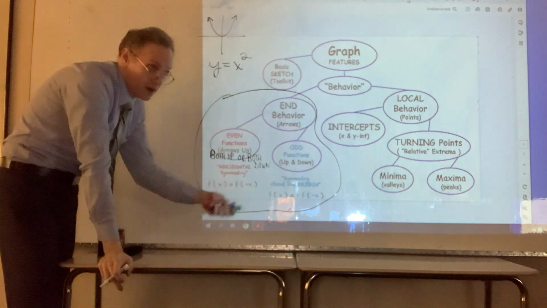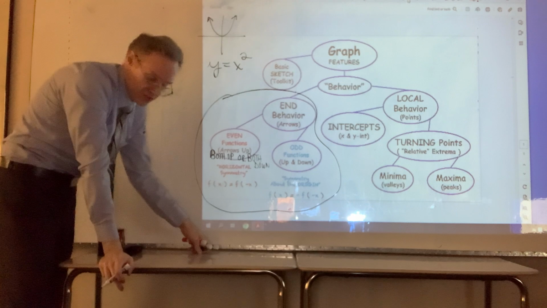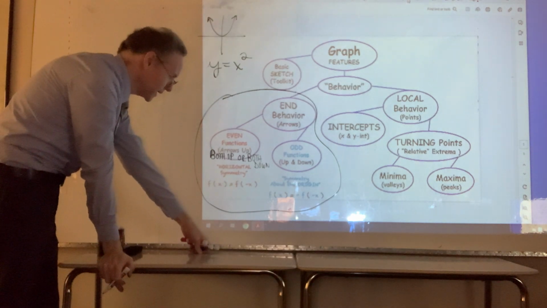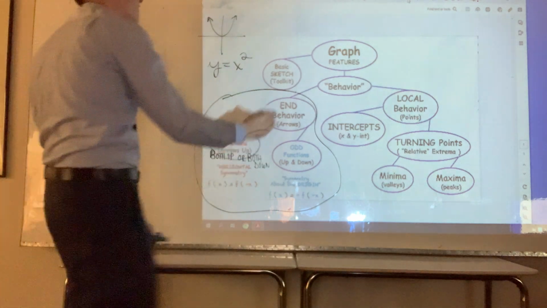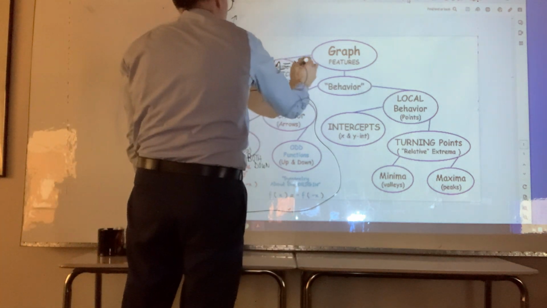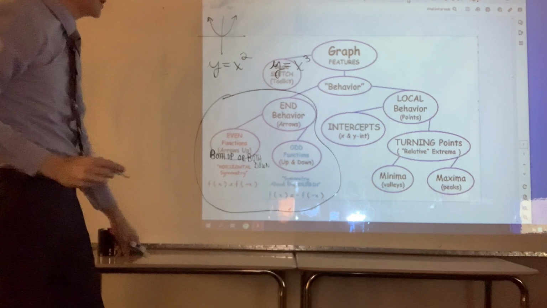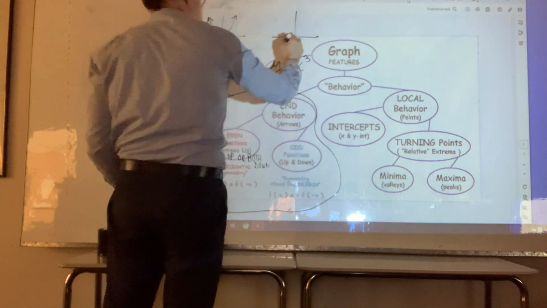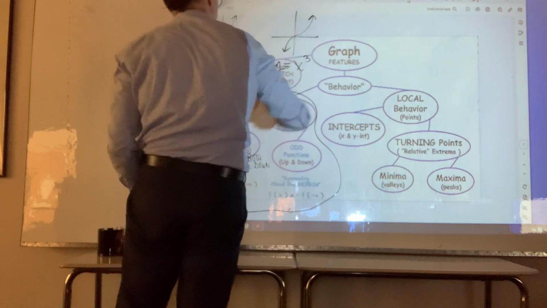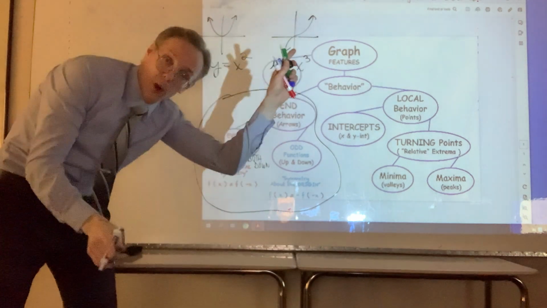Vertical reflection is controlled by a negative up in the front. Anyhow, when you have odd functions, as in the case of y equals x cubed, then you have a graph that looks like this, more or less one of each.